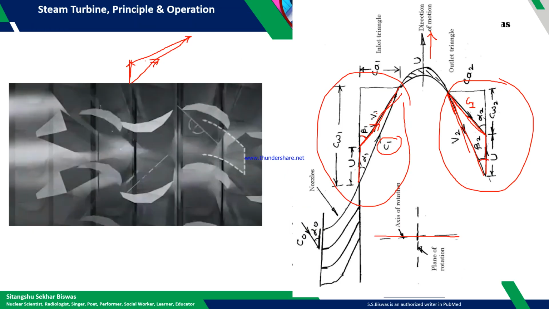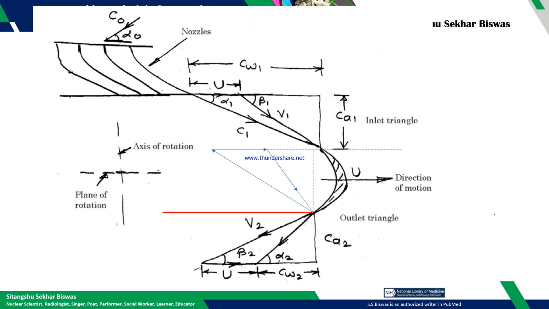Now what I am trying to do is rotate this picture 90 degrees clockwise. And now I am trying to combine this inlet and outlet triangle together.